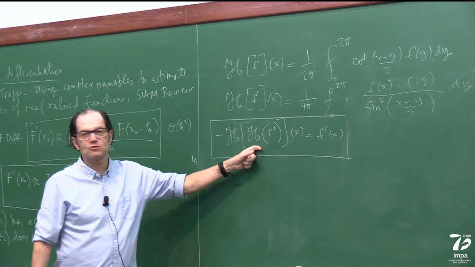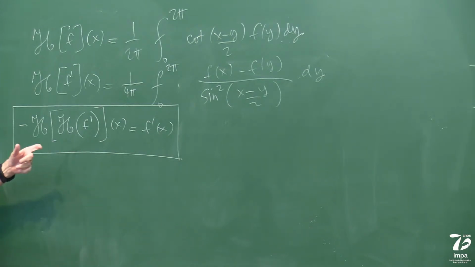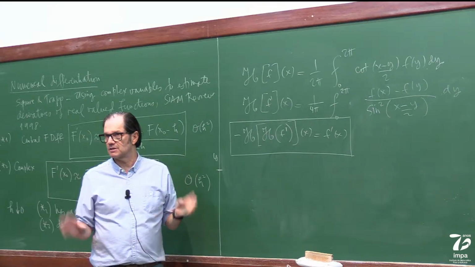So I'm using the Hilbert transform twice, which is using the alternate trapezoid rule twice, which makes the method expensive. It's order n squared, because I'm using 2 integrations with n points. But I was curious to see what I could gain out of this, even though it's expensive.